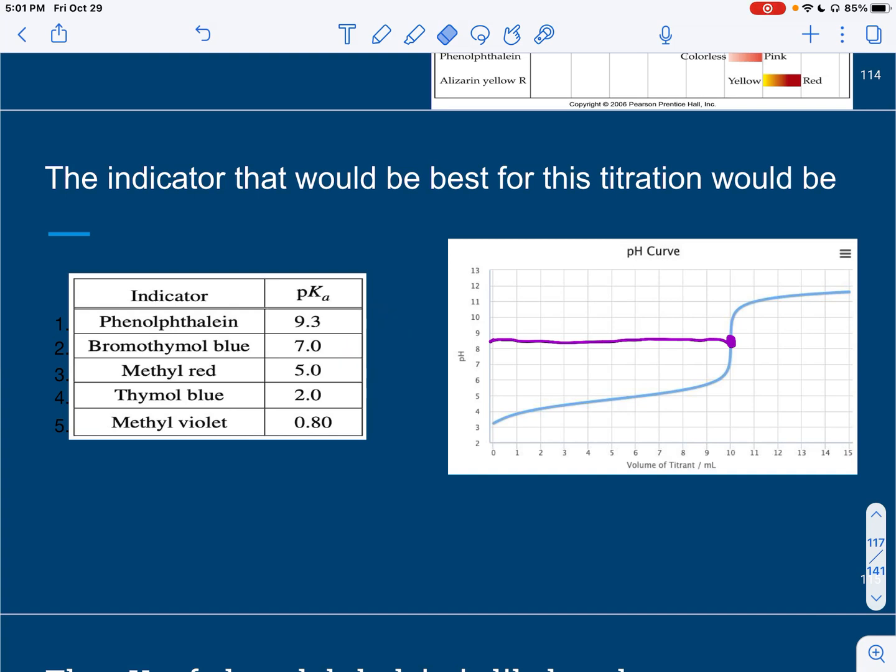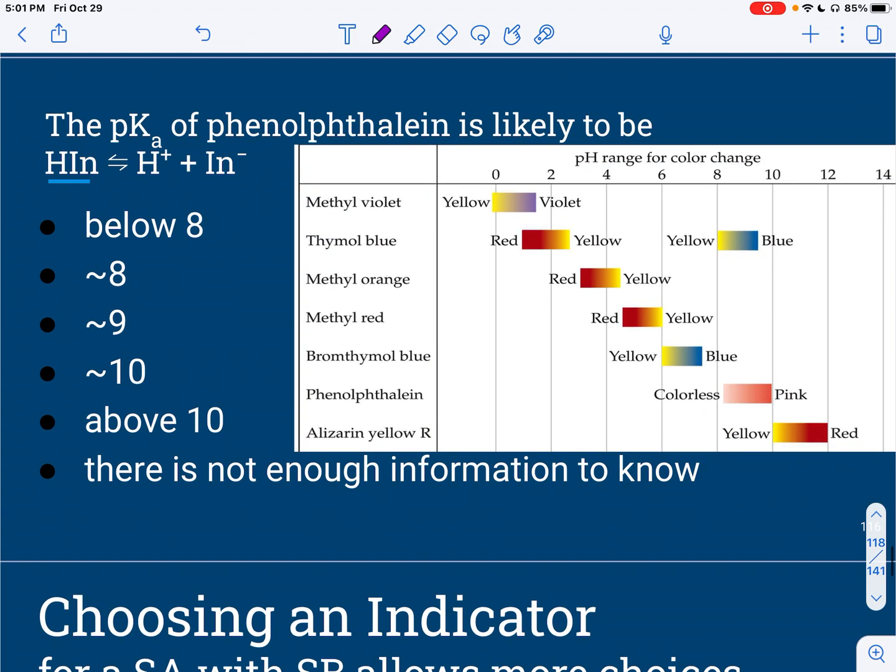So if we wanted 8.5, we would pick phenolphthalein, because that one's going to be from 8.3 to 10.3, and we're looking at 8.5. The pKa of phenolphthalein is likely to be around 9.